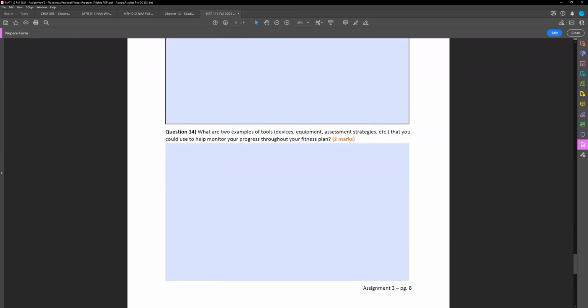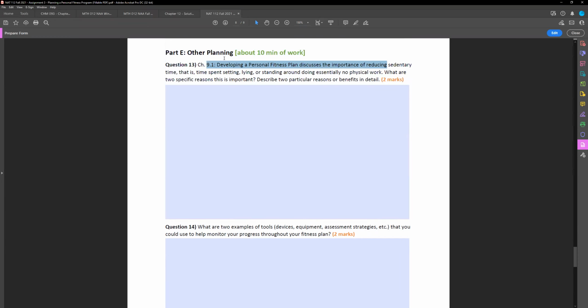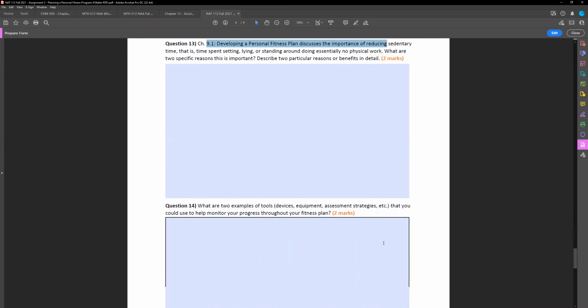14, what are 2 examples of tools or devices, equipment, assessment strategies, etc., that you could use to help monitor your progress throughout your plan? Once again, section 9.1, I believe, or later on in chapter 9, it has a section dedicated to tools that can help you monitor your performance.